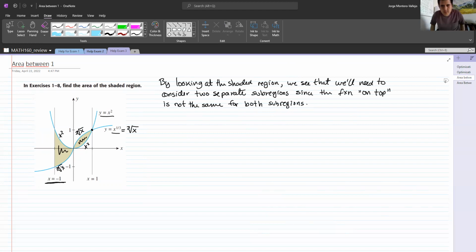Okay, alrighty. So let's see, how do we set this up? Well, this region over here goes from -1 to here. By looking at the image, we see that it goes up to 0, the x value here is 0.